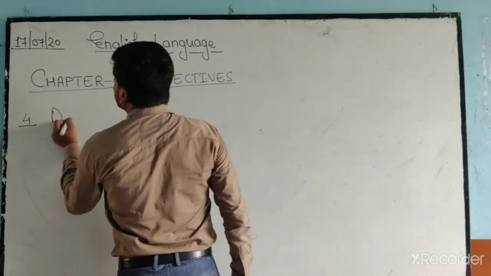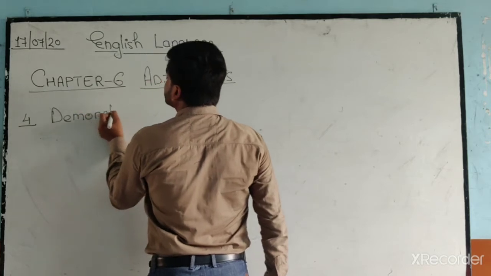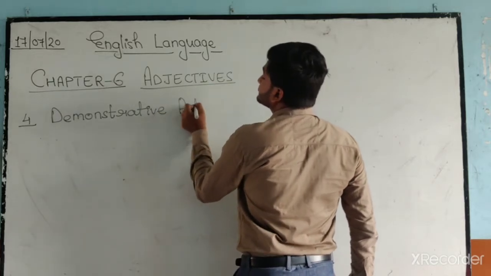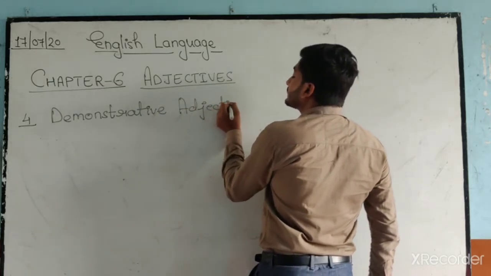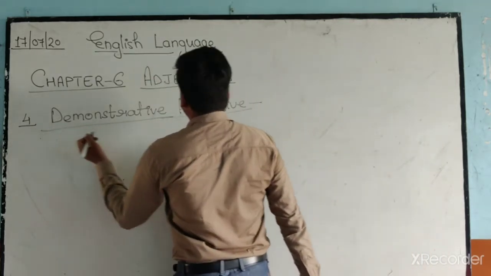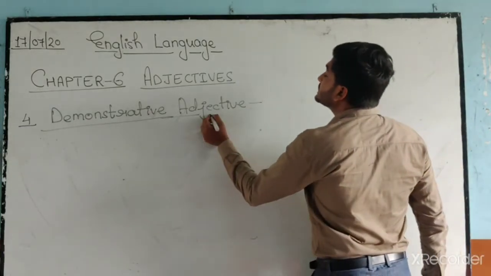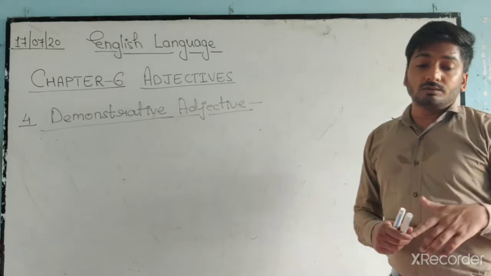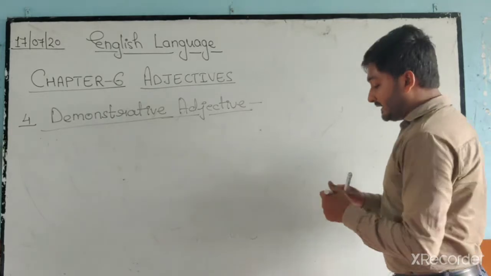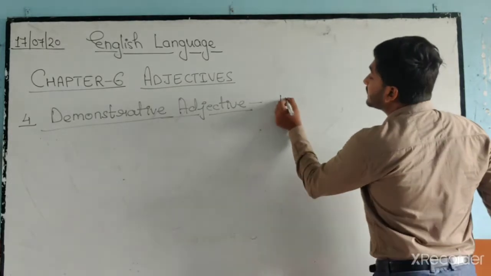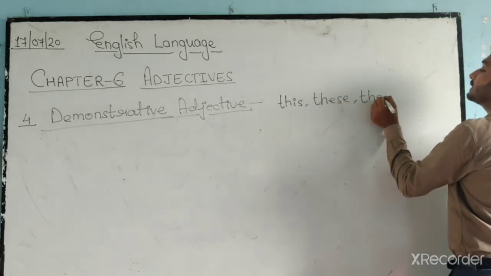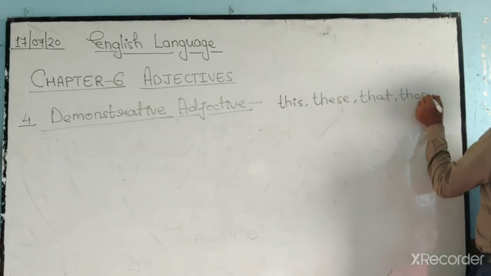Number 4 is demonstrative adjective. We use a demonstrative adjective to point out a thing or person by using these words: this, these, that, and those.